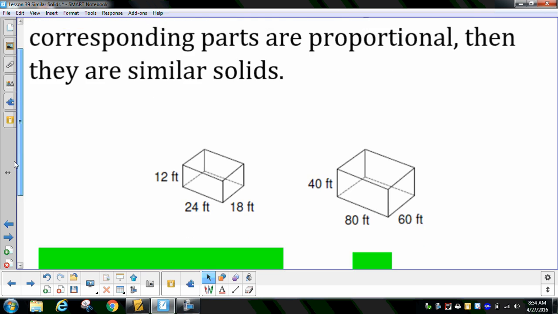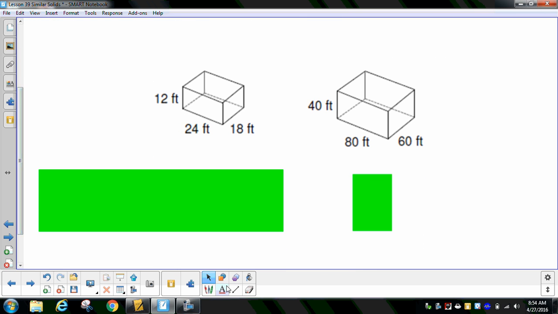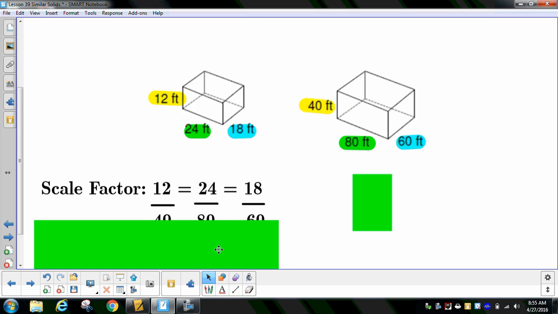So if we look at these two similar prisms, those are the two small sides. Those are the two big sides. And then we have the other ones in the middle. So those are the corresponding sides. Since they're similar, we can write a proportion.